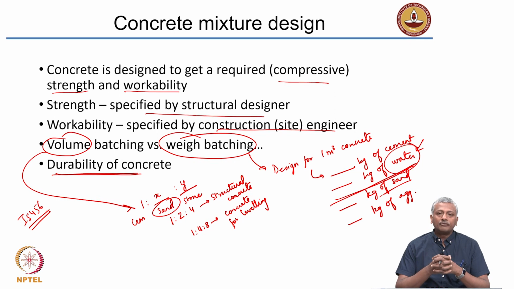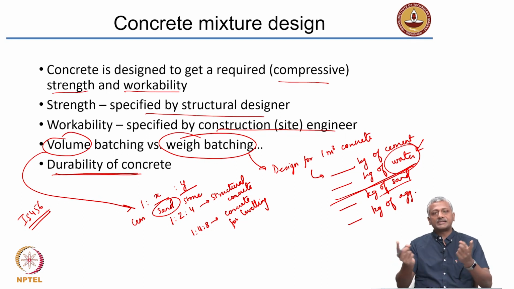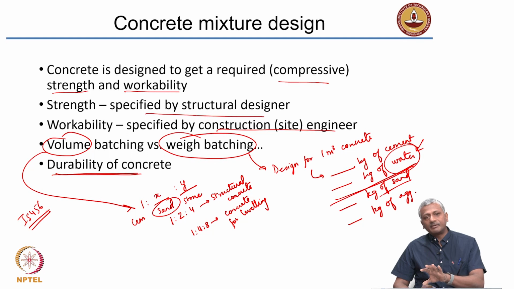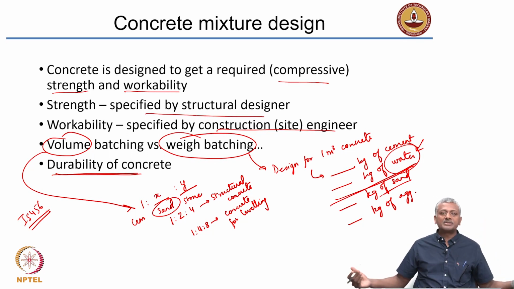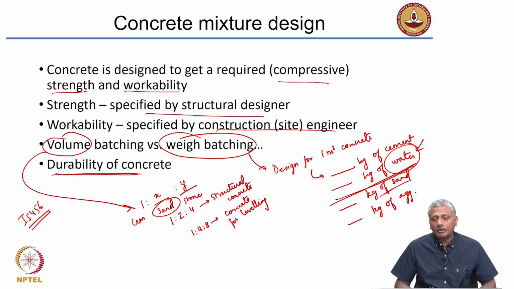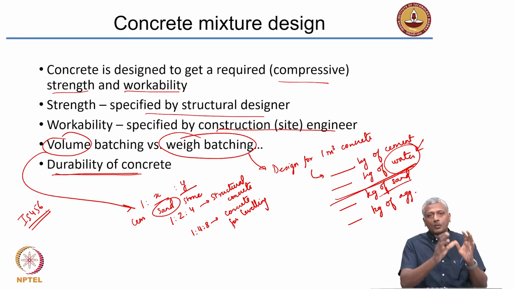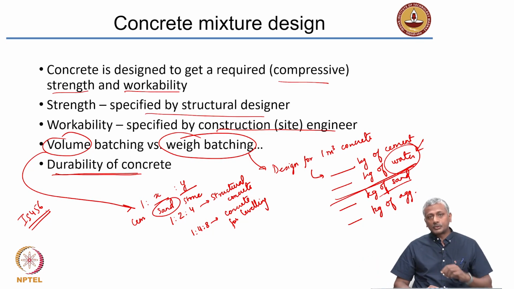For example, if you are designing a concrete structure for the coastal area, the requirement of the concrete to survive in its given environment is going to be quite different from the concrete that is designed in an inland environment, which is 300-400 kilometers away from the coast. Okay, there the requirement of the concrete to survive in that environment will be quite different from what you have at the coast. So, that's another consideration that you need to have while selecting the mixture proportions or mixture ingredients to design concrete for a particular structure. Okay. So, workability, strength and durability.